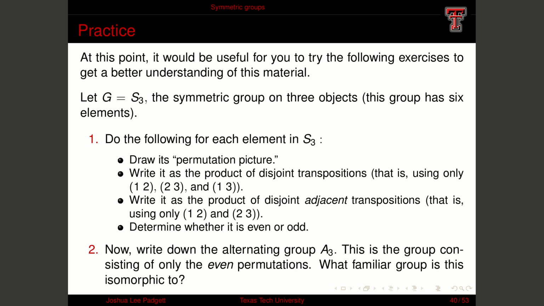I haven't told you what an alternating group is yet, but I'm telling you that the even ones form this thing. What I'm asking you to do is draw its picture and tell me what group this is isomorphic to. At this point you can pause the video and try the practice, because I think it would help you get a deeper understanding of all the stuff I've just described.